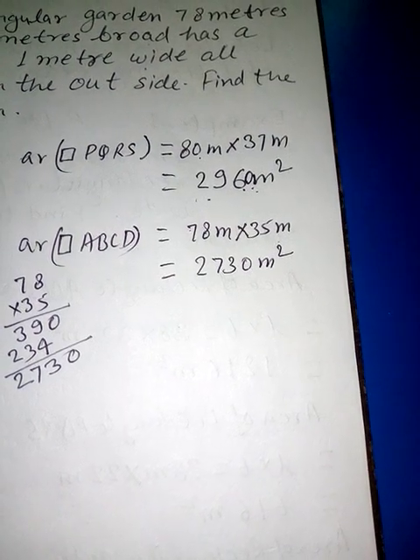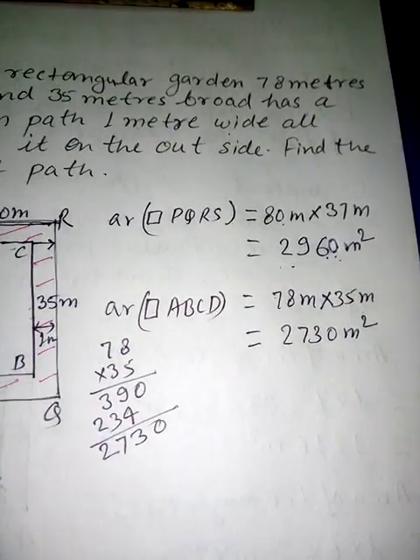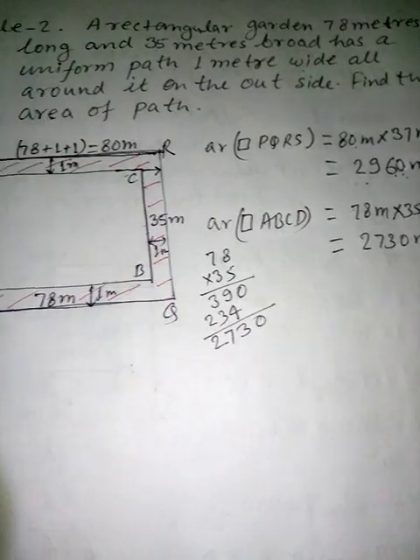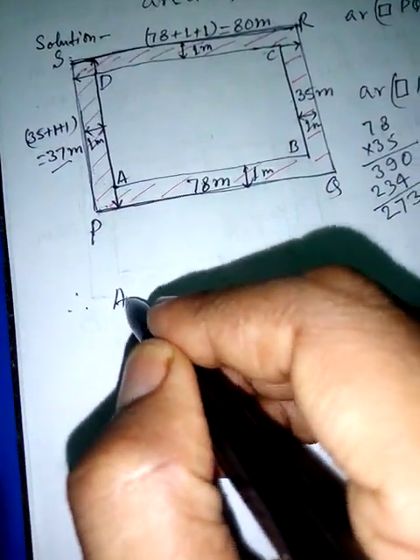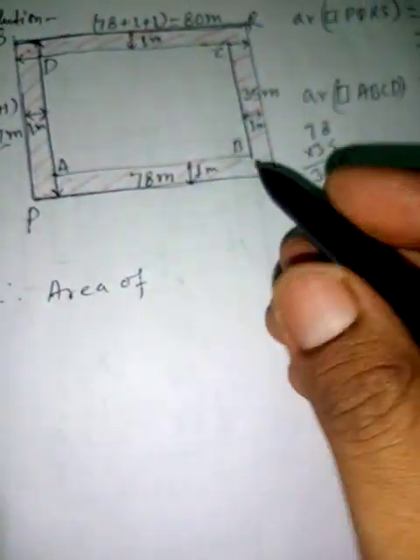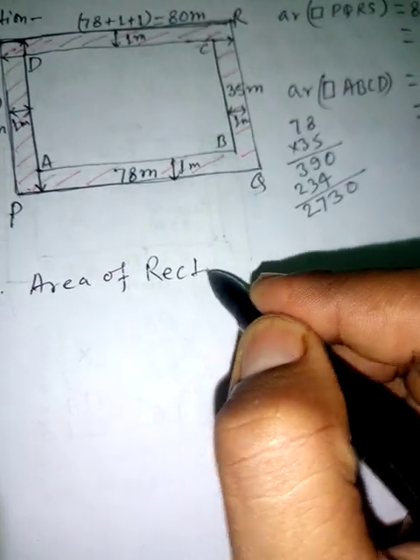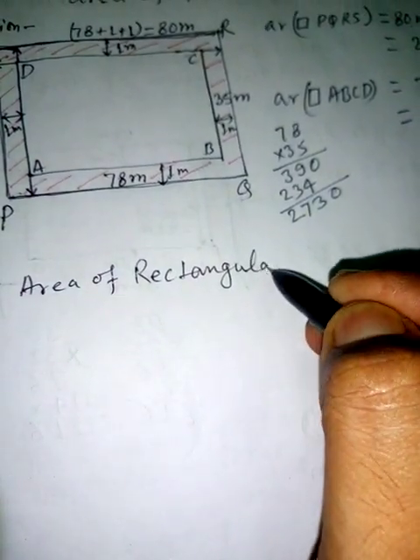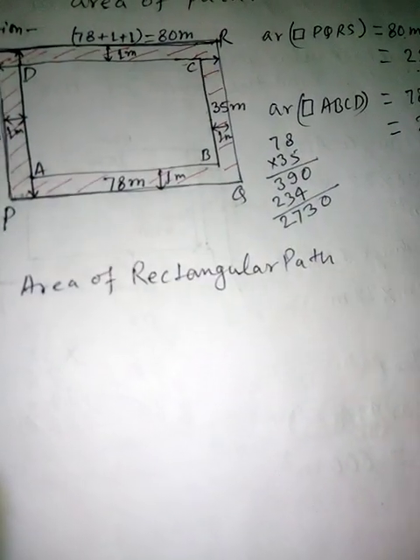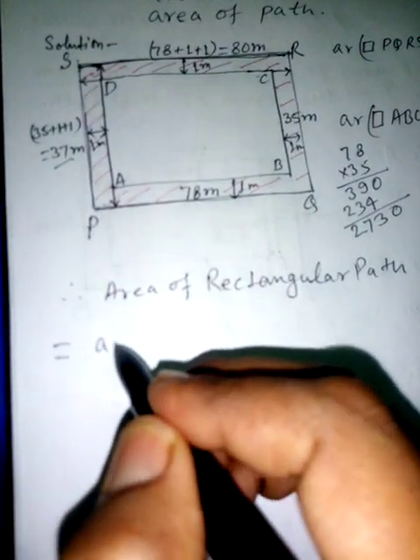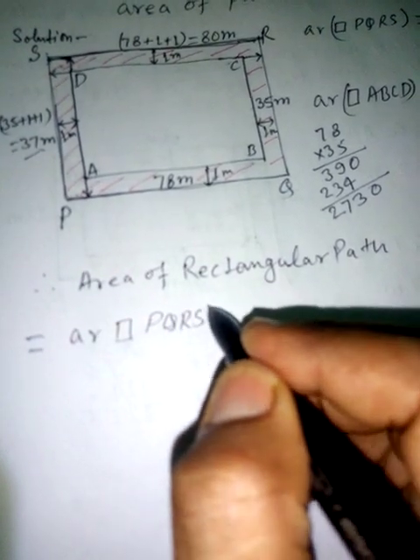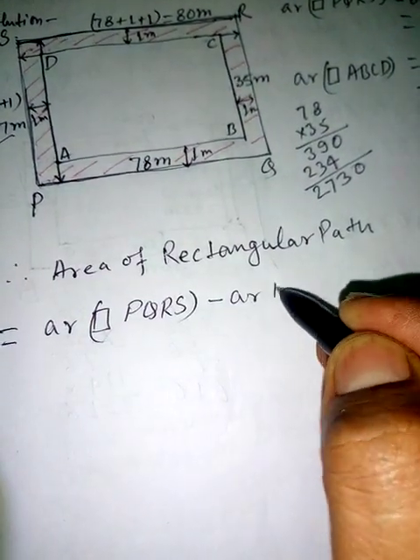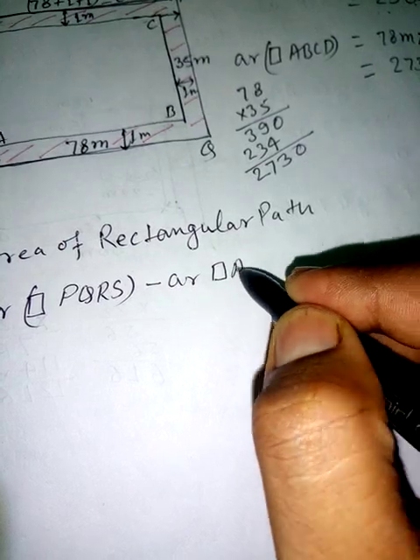And now find out the area of this rectangular path. So therefore area of rectangular path equals area of rectangle PQRS minus area of rectangle ABCD.